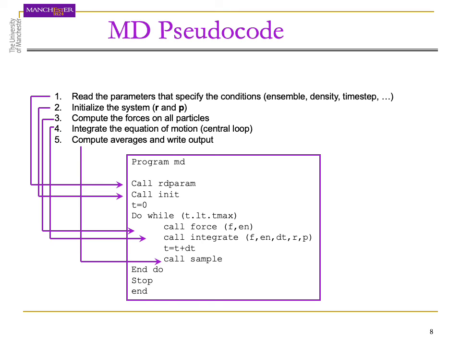Then, for each time step, for the number of time steps that we want to perform, we calculate the force, we integrate the equations of motion, and then we calculate whatever properties we are interested in, usually averages of energies, kinetic energy, potential energy, and so on. Then we repeat calculation of the force, integration, calculation of the averages, etc.